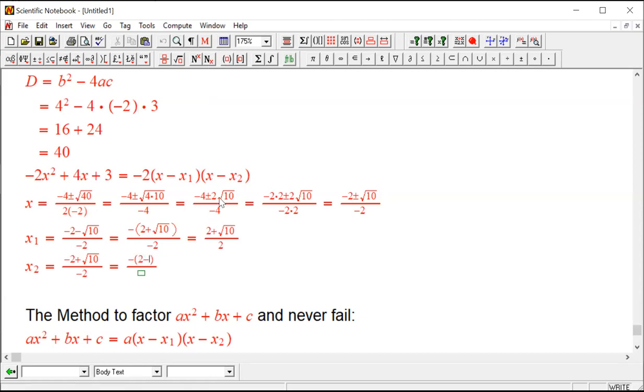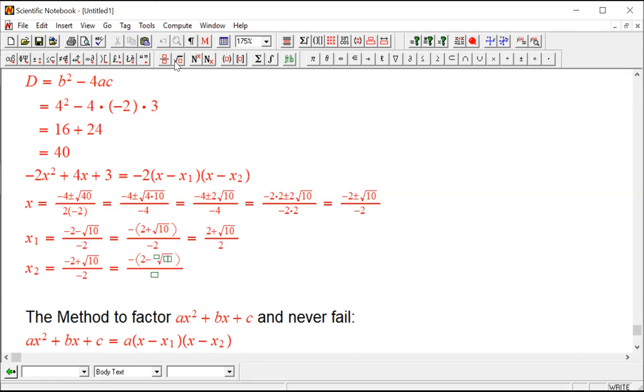You have 2 minus root 10, and the -2 on the bottom. This way, the negative sign is reduced. So you're going to have 2 minus root 10 divided by 2. It just looks a little cleaner, okay? So these are the 2 roots we have.